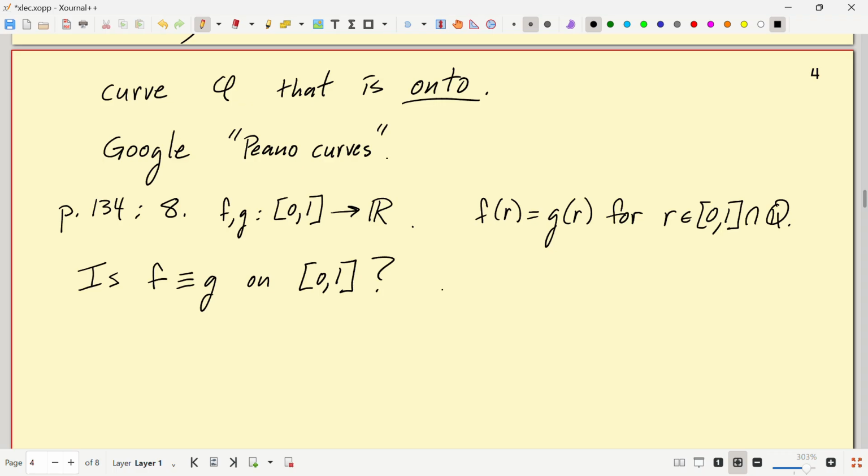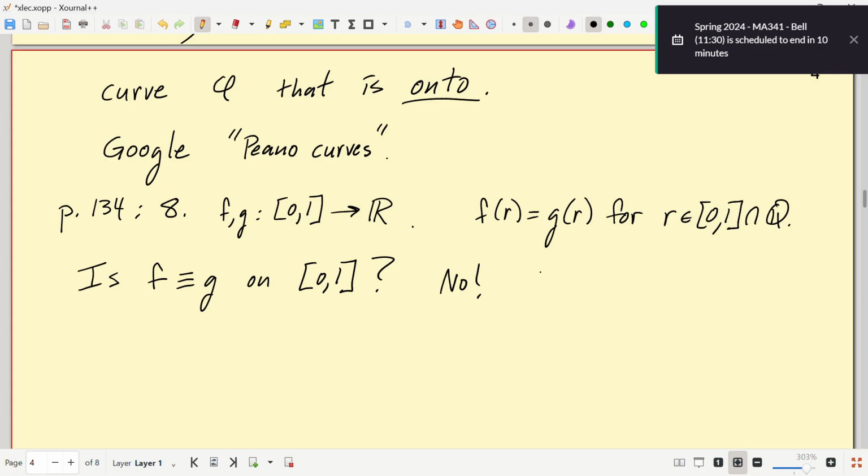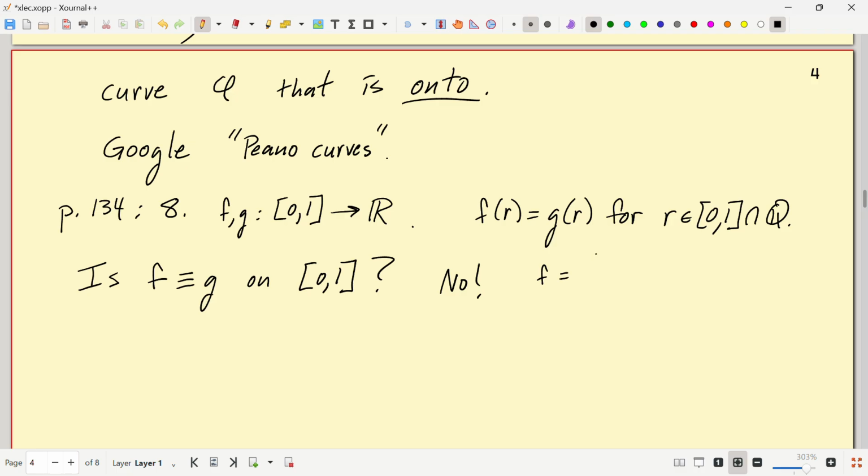Let's see. This is an obvious no because let's think about, we could have F be our favorite one. We could have it be 1 on the rational numbers, and have it be 0 on not the rational numbers.